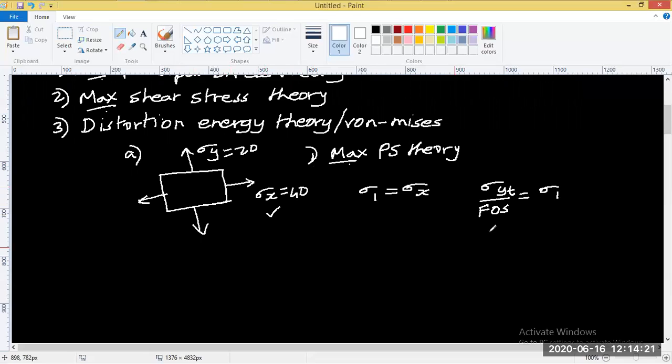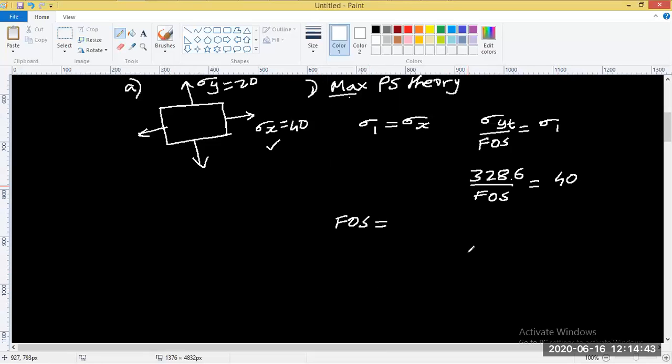So sigma yt here given is 328.6 over factor of safety is equal to sigma x, or sigma 1, is 40. So straightforward, the factor of safety we can directly find using this above equation. This is according to the first theory, that is maximum principal stress theory. Suppose we use the second theory, that is maximum shear stress theory.